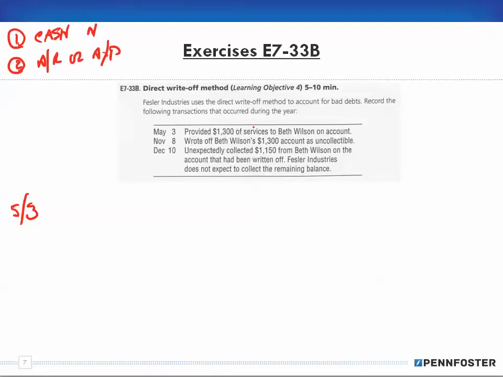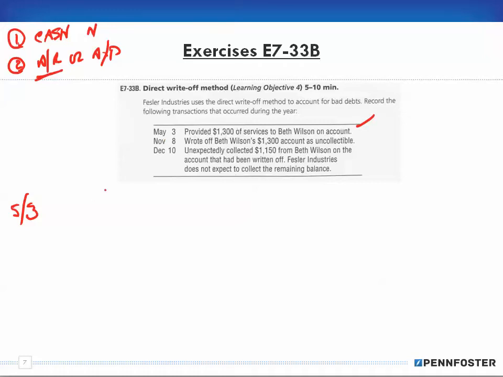And in this case here, we're providing services. So we're the vendor, and we're providing services to a customer for $1,300 and it's on account. So the answer to my second question is yes, we're affecting accounts receivable because it's on account.